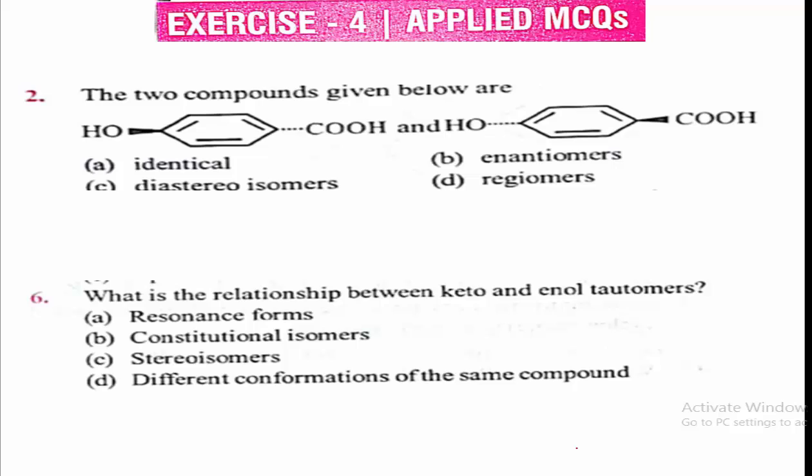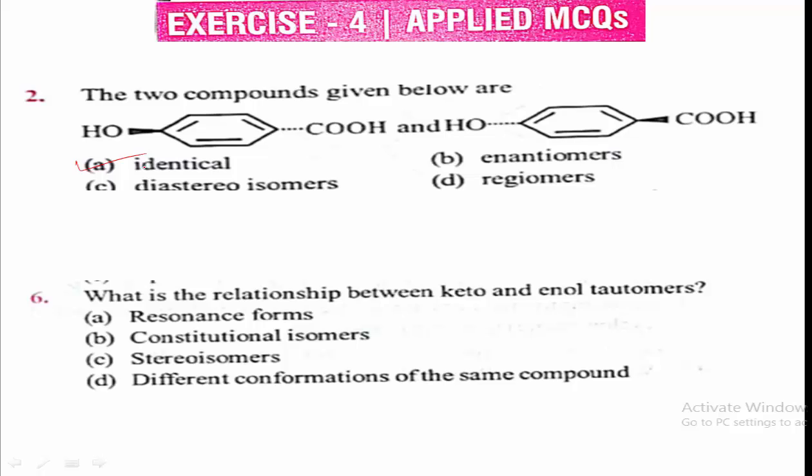Similar groups are present on same position of the carbon atom. Is it right? Yes. Therefore they are identical structures. In identical structures, I told you similar configuration is present. Therefore these are identical structures.